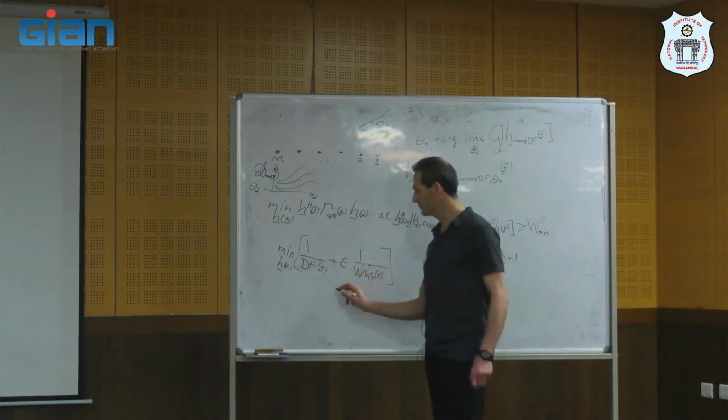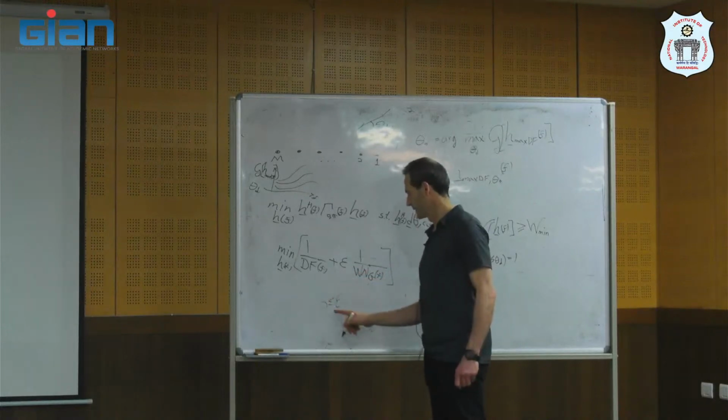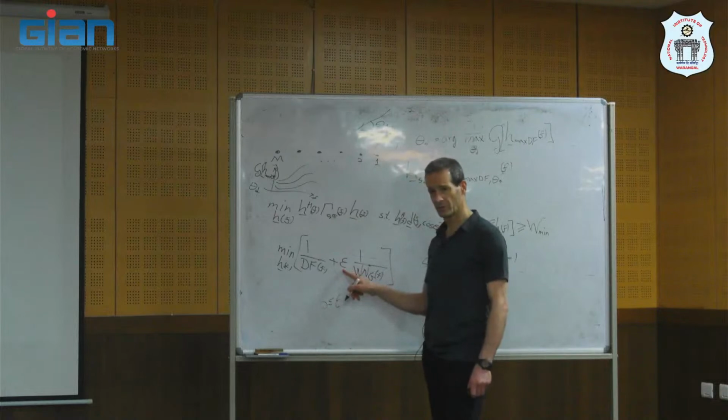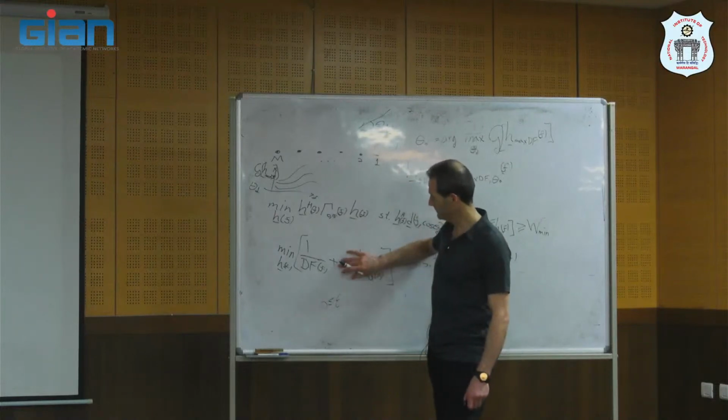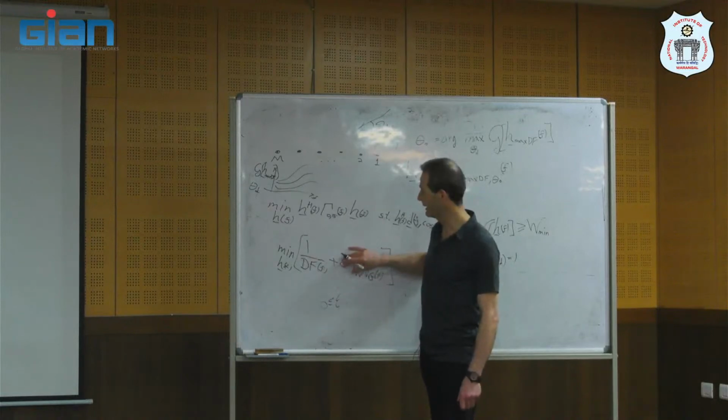Now, if epsilon is 0, what does it mean? Not robust, what we did before. So it will maximize the directivity factor.